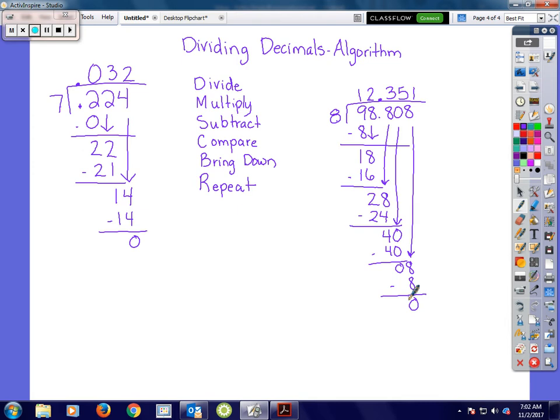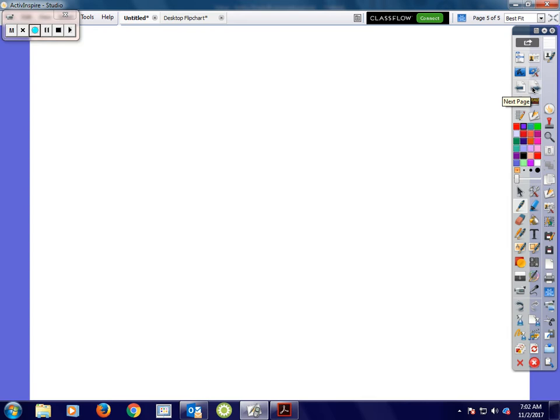Okay, so now we're going to go to what do we do if there is a decimal in the divisor. So I'm going to flip to another page, and while I'm flipping, let's make our keyword club. Your keyword is going to be club.